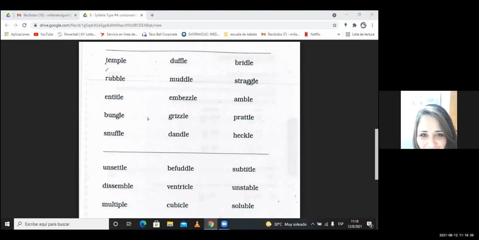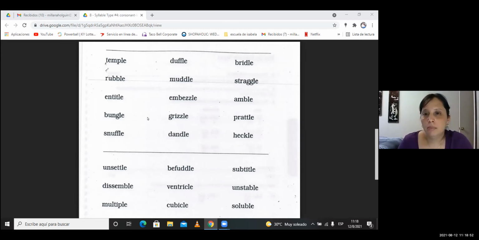Devil, middle, embezzle, grizzle, dandle, bridle, struggle, amble, prattle, or heckle.